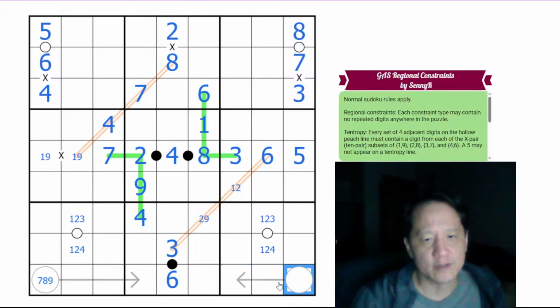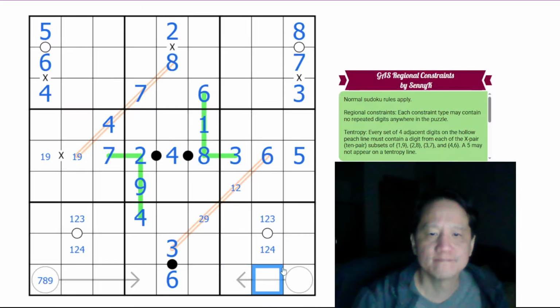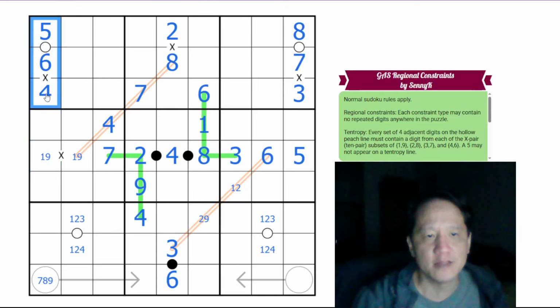What about this? Remaining... okay. Where is 7 in column 1? These are filled out.